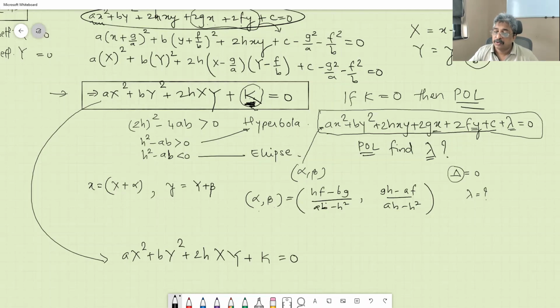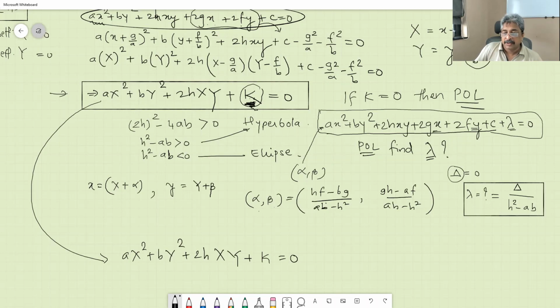Lambda comes out to be equal to delta, which is the determinant, divided by h square minus ab. So if you add delta upon h square minus ab to the given degree 2 equation, it becomes a pair of lines, and by that constant it differs.